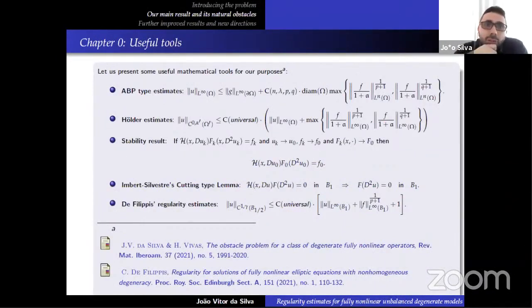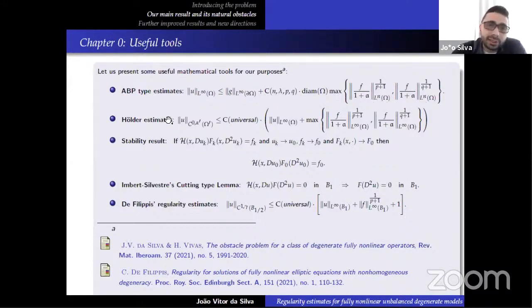Let me present some useful mathematical devices in our approach. For example, we need an ABP type estimate. ABP ensures that the L^∞ norm is controlled by the data of the problem: the L^∞ norm of the boundary data, the L^n norm of the right-hand side, times this quantity.